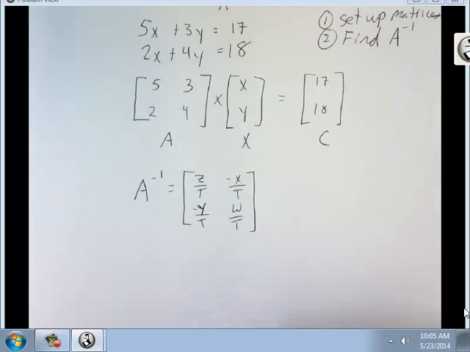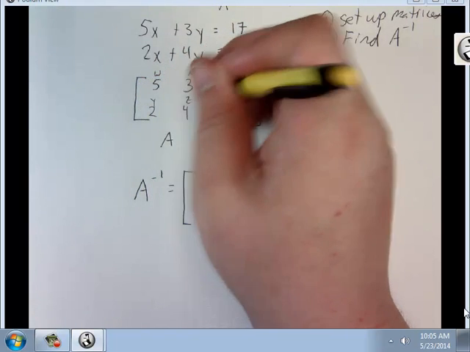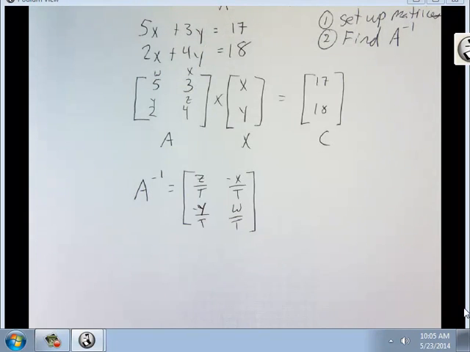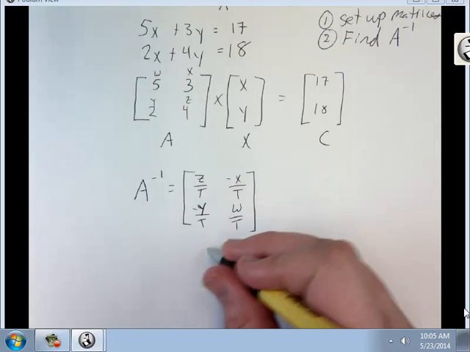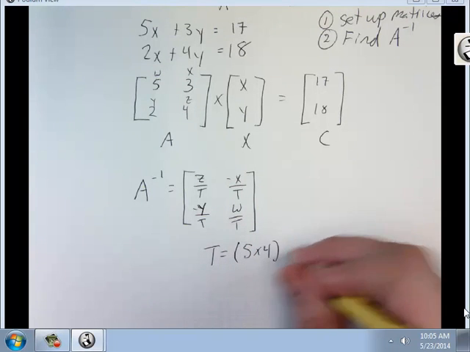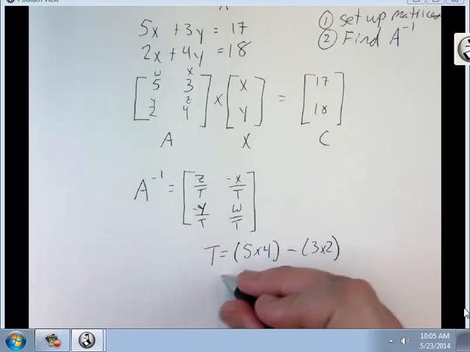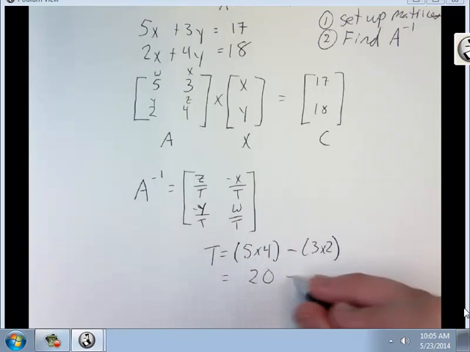And if I go back up here and label everything, that should make things a little bit more clear. T is 5 times 4 minus 3 times 2. 20 minus 6, which is 14.